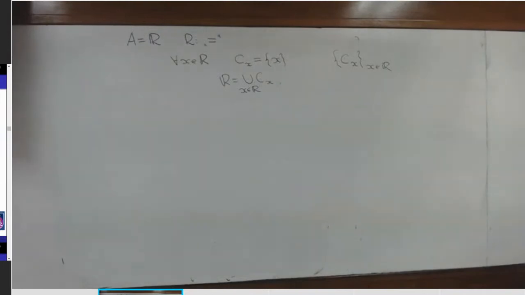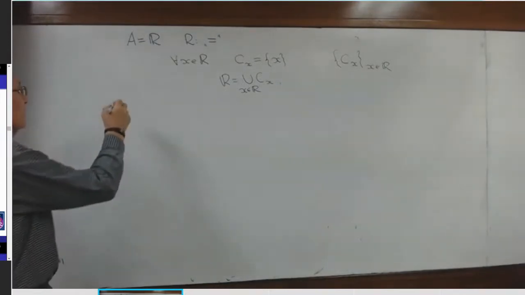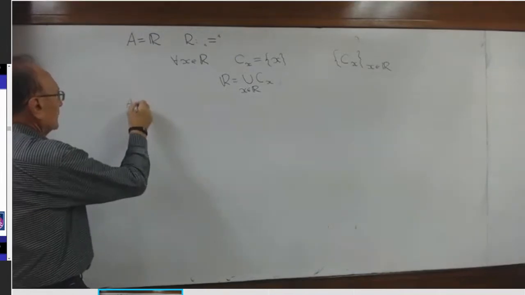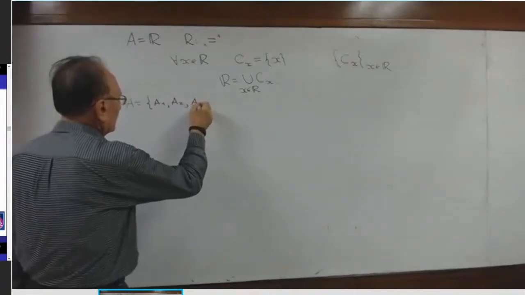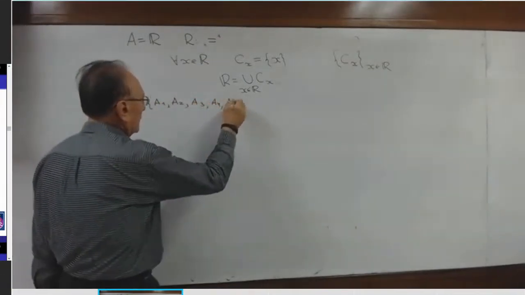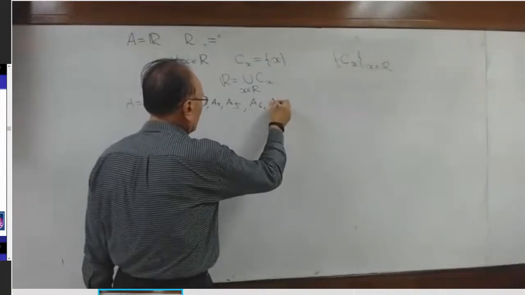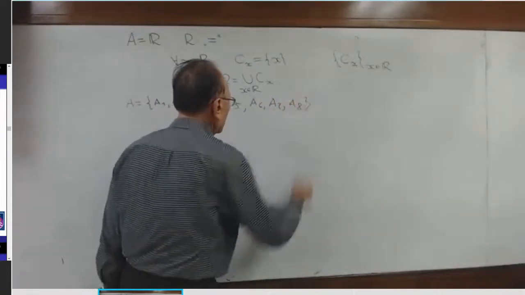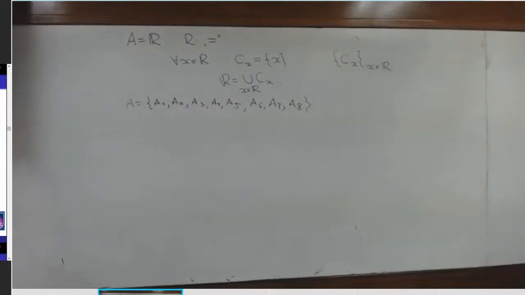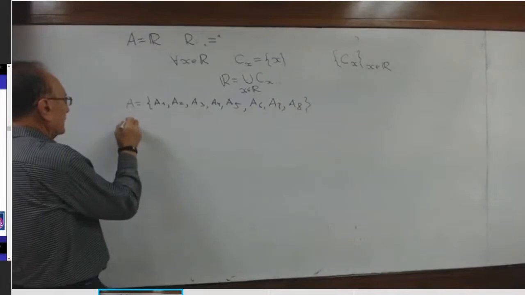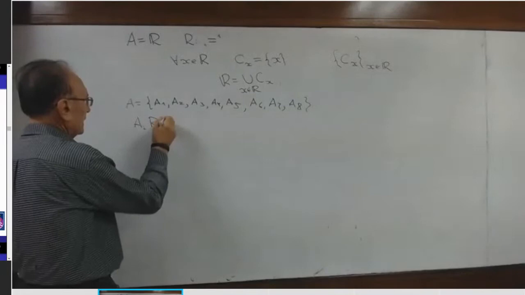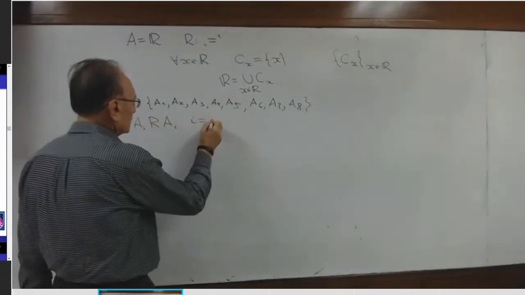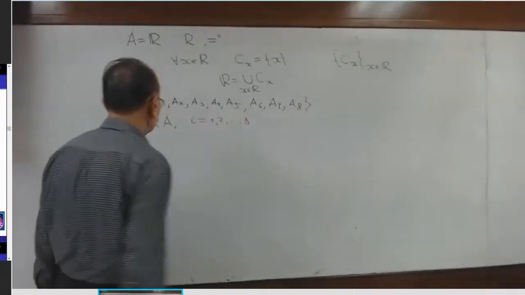Let me take another example. I have A, which is A1, A2, A3, A4, A5, A6, A7, and A8. According to our definition of R, we get Ai R Ai, where i is 1 to 8.